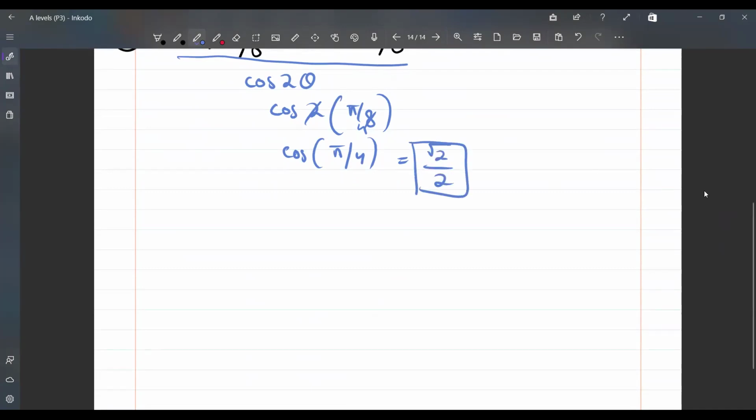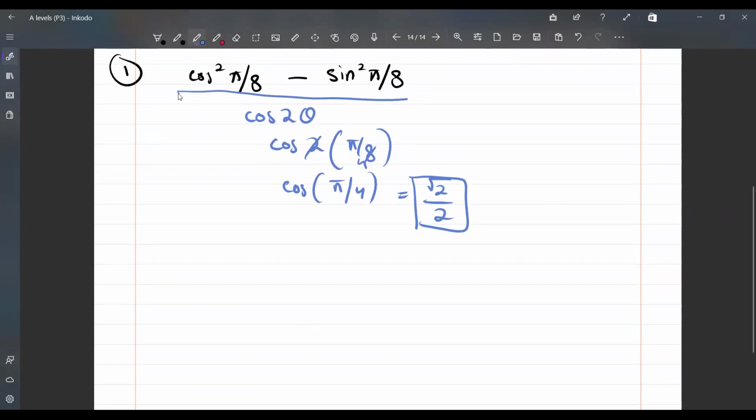Now, similarly, this same identity of cos 2 theta can be tested in other ways. Let me show you. Let's say we have 1 minus 2 sine square pi upon 8.